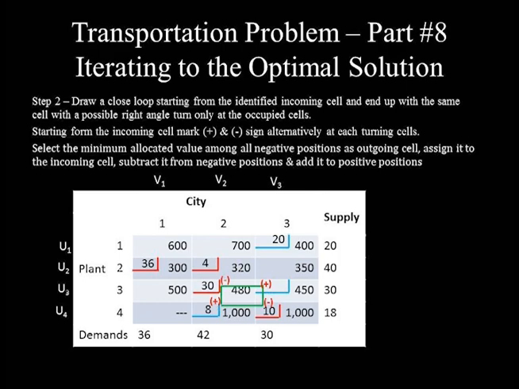We have 2 negative positions with the allocations of 10 and 30. The smaller one is 10. So the outgoing cell is the one at the intersection of row 4 and column 3. We have to assign this 10 to the incoming cell. Subtracting 10 from the allocation of the other negative position, that's 30, gives us 20. Adding this 10 to 8 as the positive position gives us 18.